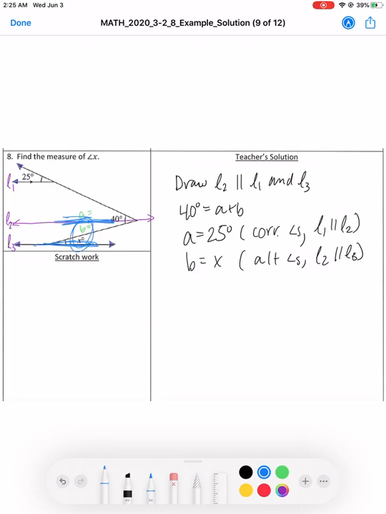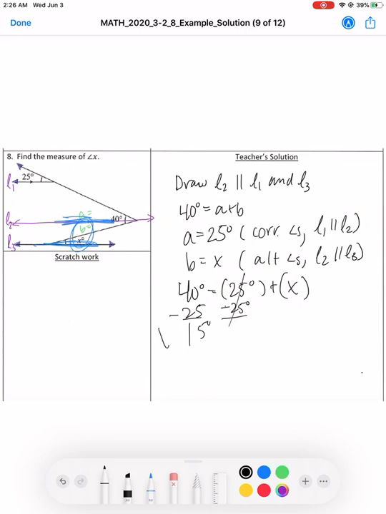And then we are going to put A and B back together with 40 degrees. Okay. So 40 degrees is equal to A plus B, where A is 25 degrees plus X, since B is equal to X. So we're going to just subtract 25 degrees from both sides. 40 minus 25: 10 minus 5 is 5, 4 minus 2 is 1.